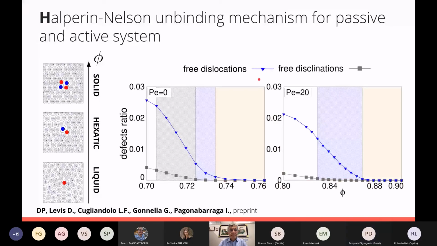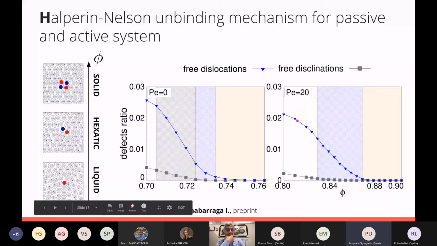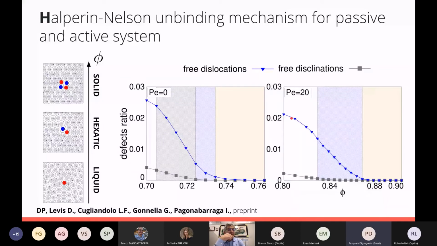So, having in mind the Halperin-Nelson picture of melting, we started looking at the topological defects which are expected to play some role in the melting. We counted the number of free disclinations and free dislocations in our system, both for the passive and the active system.